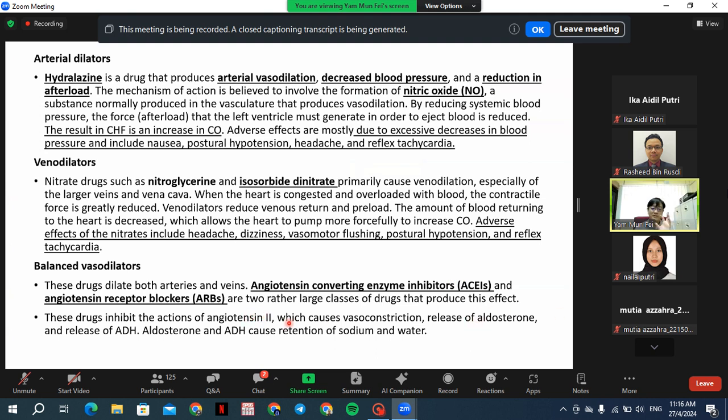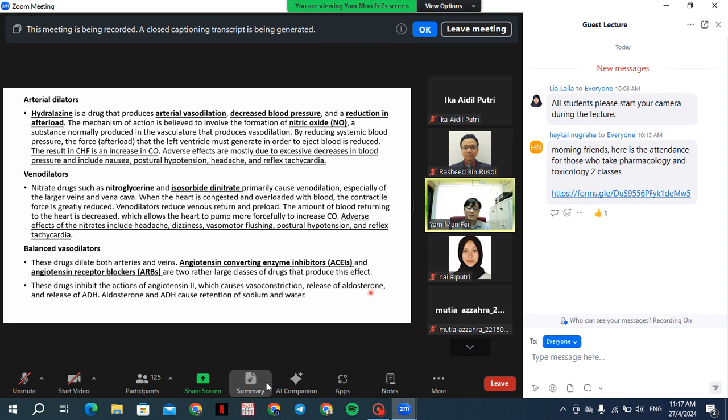Without angiotensin 2, the excretion of aldosterone and ADH are not going to be stimulated because the amount of angiotensin is reduced. So this will cause another unwanted effect.